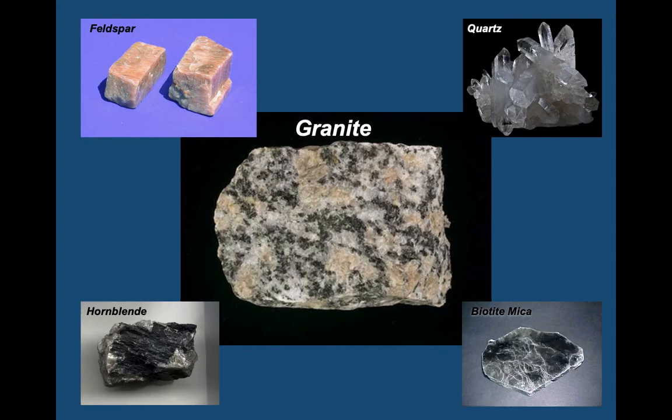But granite forms when we have these four-ish minerals. We can have slightly different variations of this stuff, but it forms when we have quartz, which is a mineral, this mica down there in the lower right corner, that's another mineral, hornblende in the lower left, another mineral, feldspar, another mineral, and so they get stuck together.